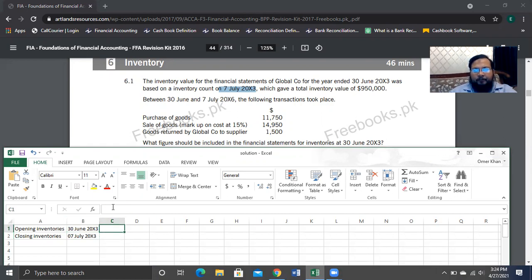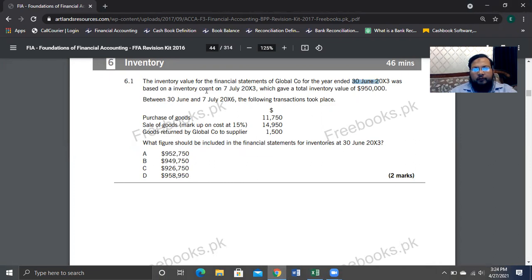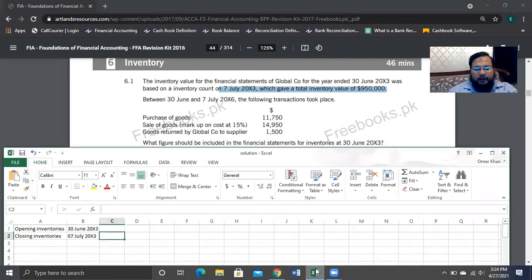So we have got the values. The question says that the inventory for the financial statements for the year ended 30th June was based on the inventory count on 7th of July, which gave a total inventory count of this much. So this inventory count belongs to this date, 7th of July. So it means that the closing inventory is given in the question, which is $950,000.